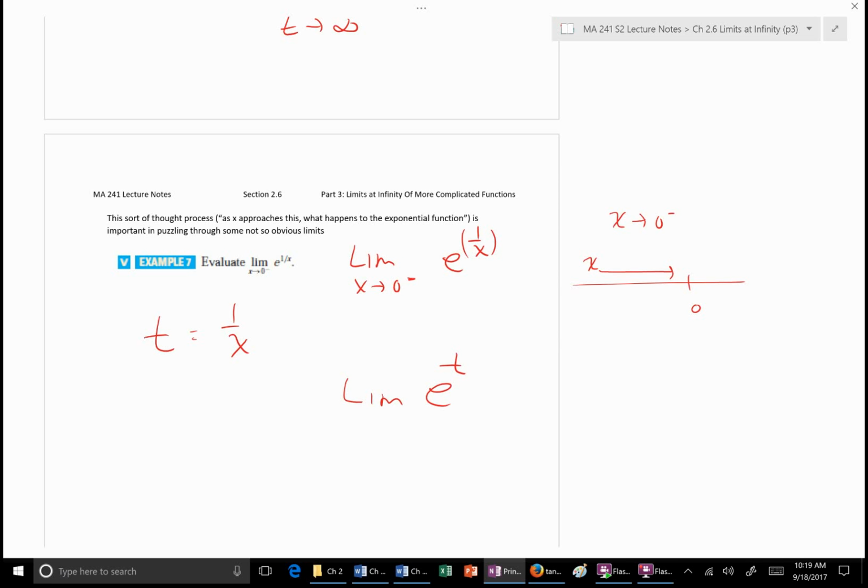And it's staying negative, right? Does everybody see that? This is a little tricky. A little bit of sleight of hand. So as x goes to 0 from below, this means that 1 over x is going to negative infinity, so t is going to negative infinity.